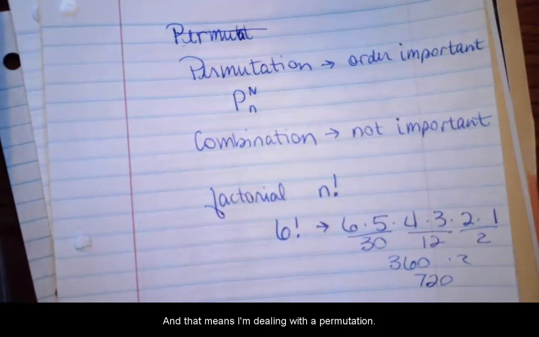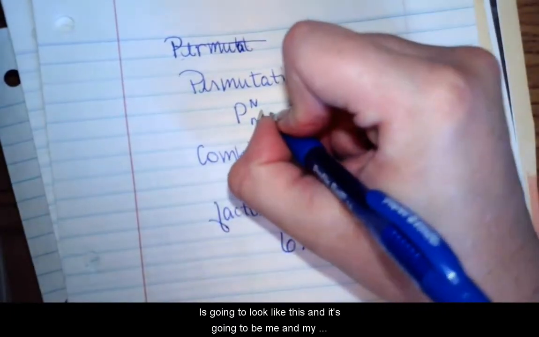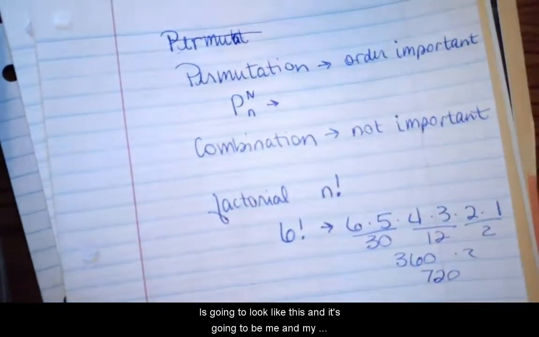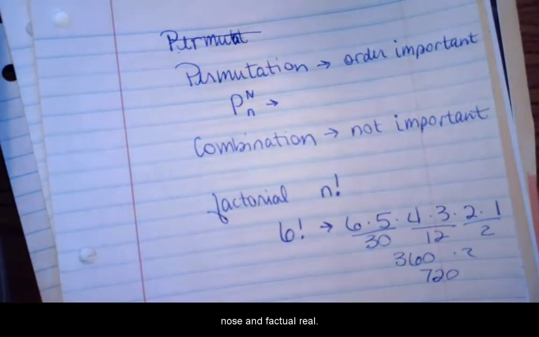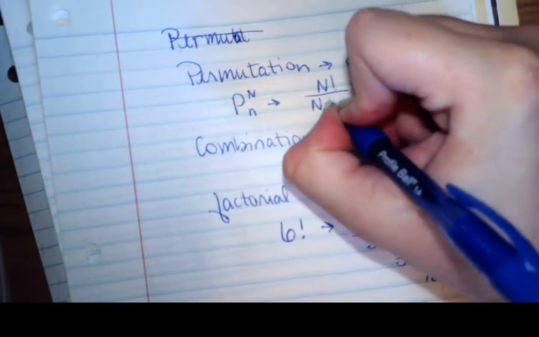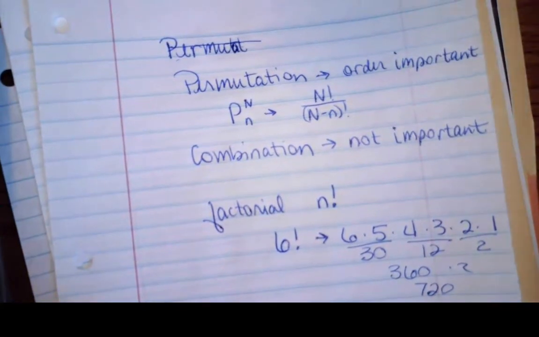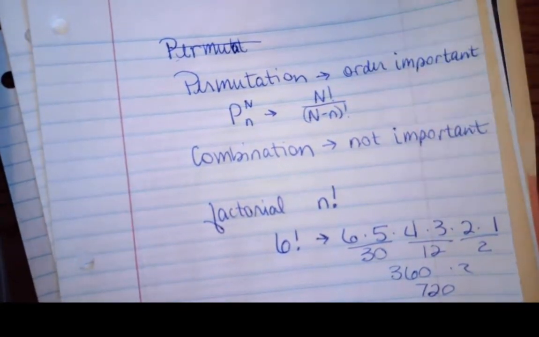That means I'm dealing with a permutation. The formula for that is going to look like this: n factorial over big N minus little n factorial. So what on God's green earth does that mean? I'm going to give you the formulas first, and then we're going to come back and look at this stuff.